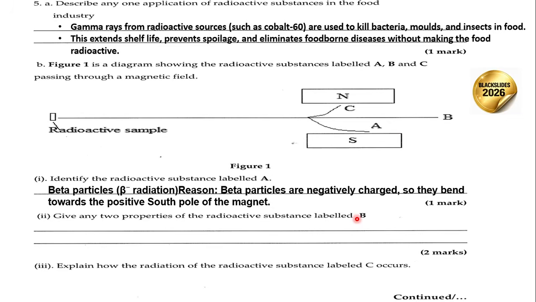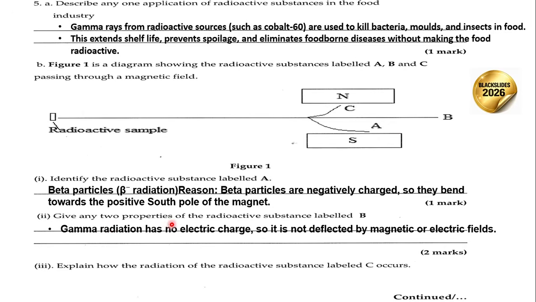Gamma radiation has no electric charge, so it is not deflected by magnetic or electric fields, it just passes through.